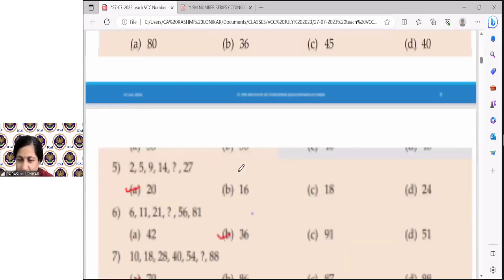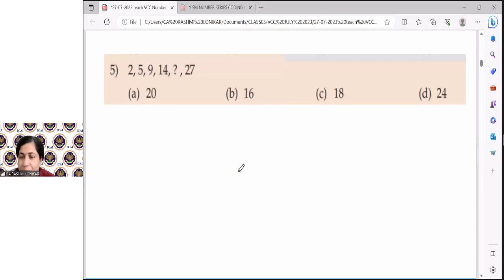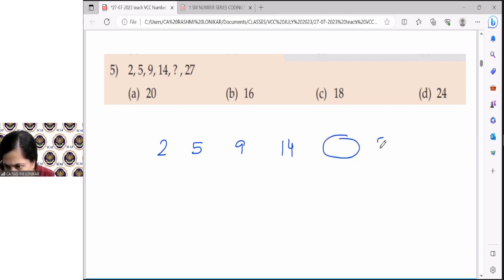Now let us go to the fifth sum. The fifth sum is 2, 5, 9, 14, question mark, 27. Now what is happening here? What is the difference? 2 plus 3 gives me 5. 5 plus 4 gives me 9. 9 plus 5 gives me 14.